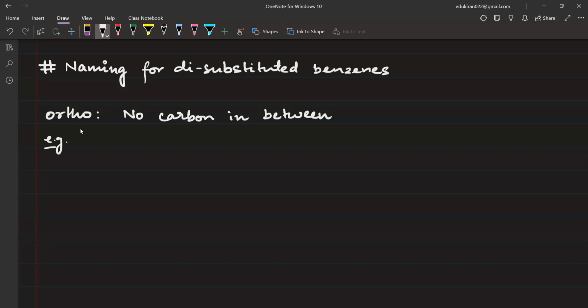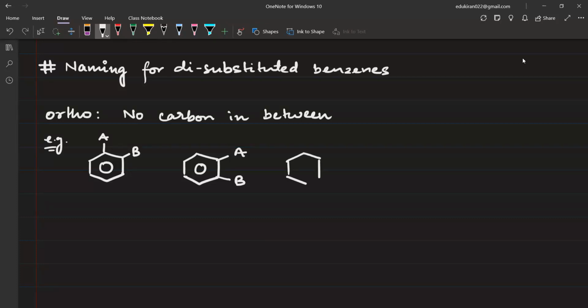Examples would be what? Please see. A very conventional example is I have a group A here and the B here. Other examples would be, I have group A here and B here. This is also ortho. Similarly, this is also ortho.